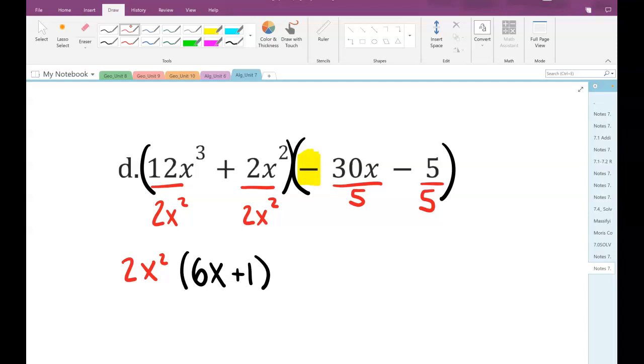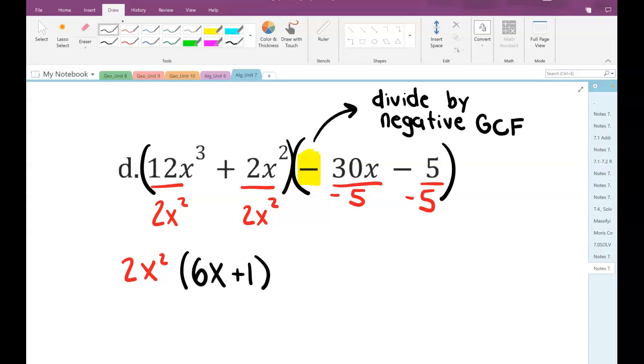So remember, the rule is when you have a negative in the middle, you have to divide by the negative of your greatest common factor.